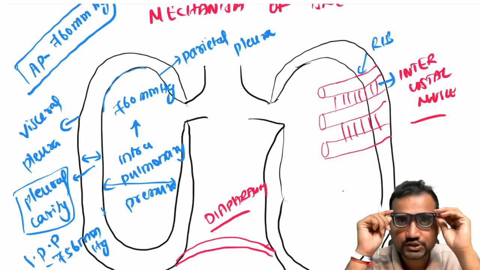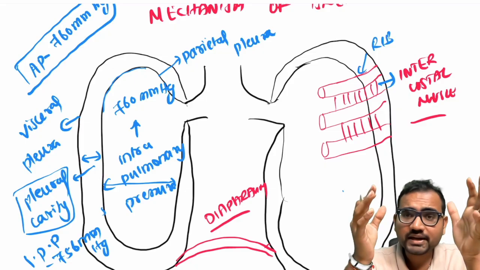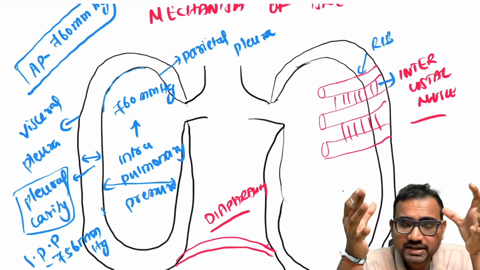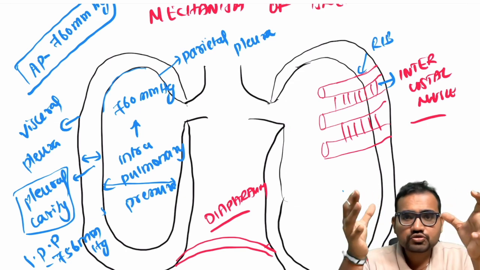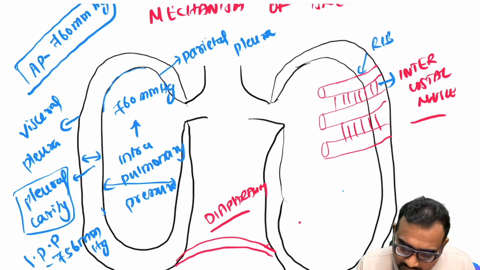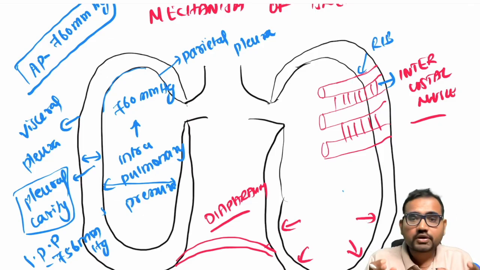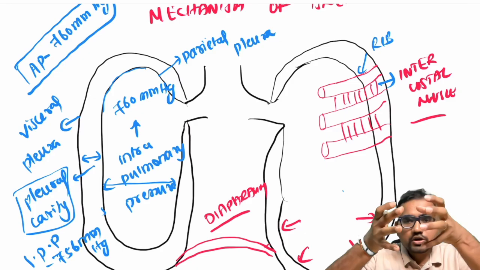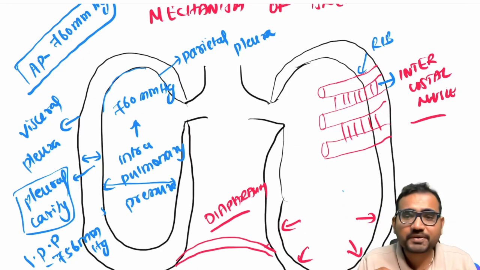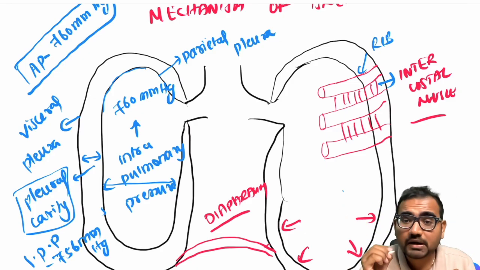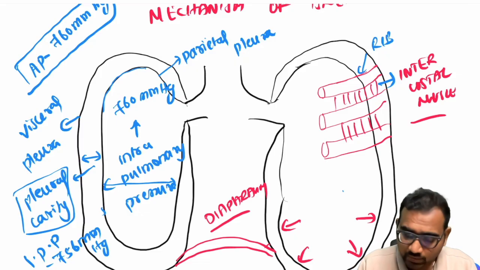What happens in inspiration is the diaphragm and the intercostal muscles contract. So because they contract, the volume of the lungs increases. It becomes big. So because the volume increases, the intrapulmonary pressure drops by 1 mm.